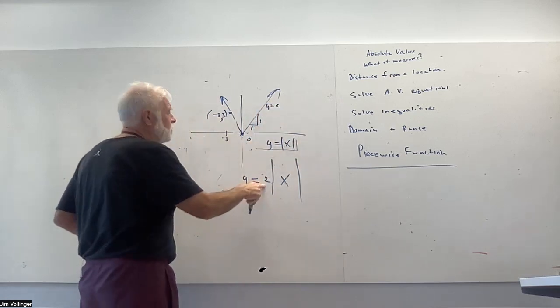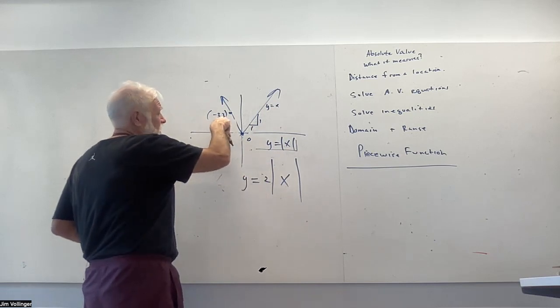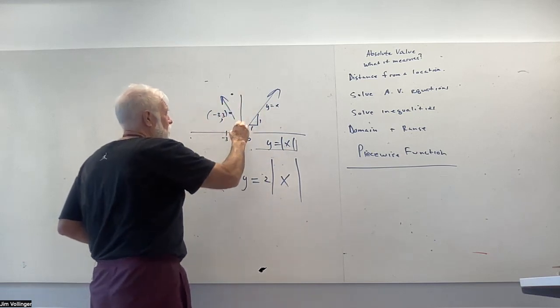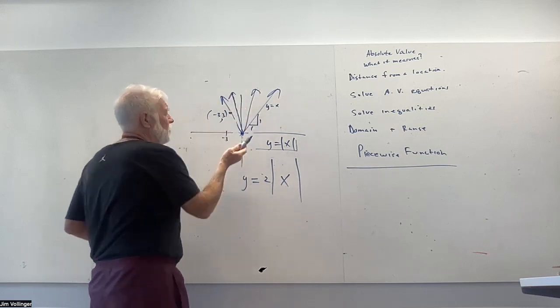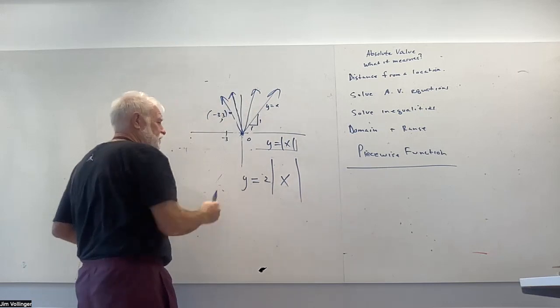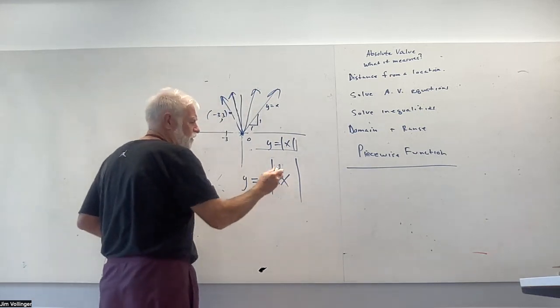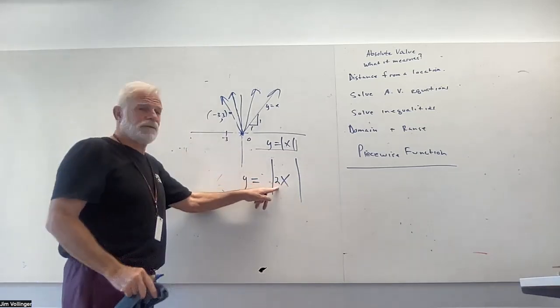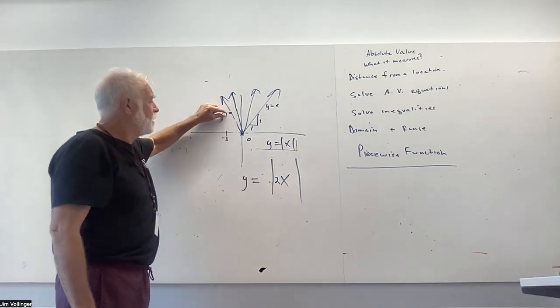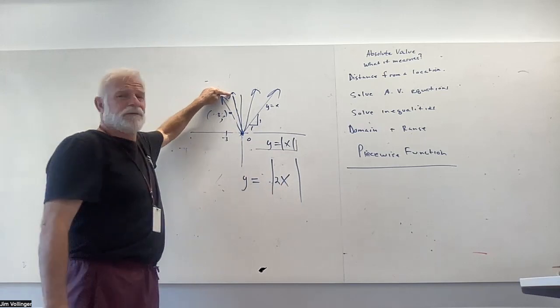But if we doubled it, then we wouldn't get 3 out, we'd get 6 out. And hopefully you can see that it's a very similar shape, but everything's going up twice as fast. And it doesn't matter whether I put the 2 inside the absolute value symbol. Negative 3 times 2 is negative 6. And if I double that, I'm up here at positive 6.